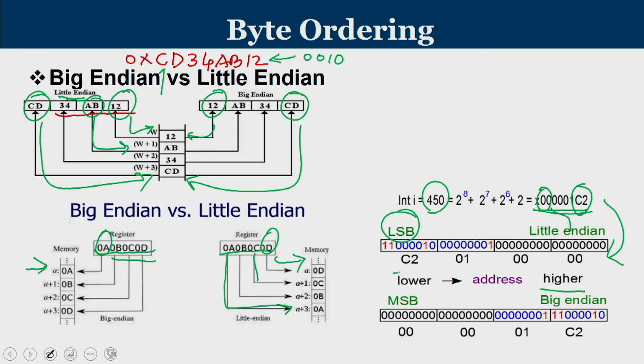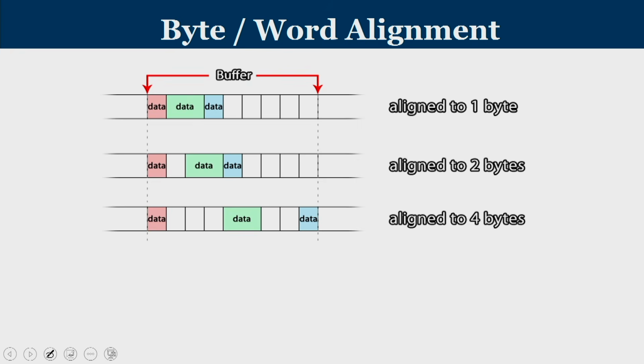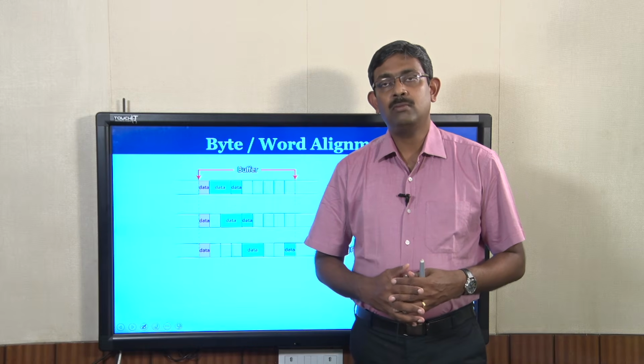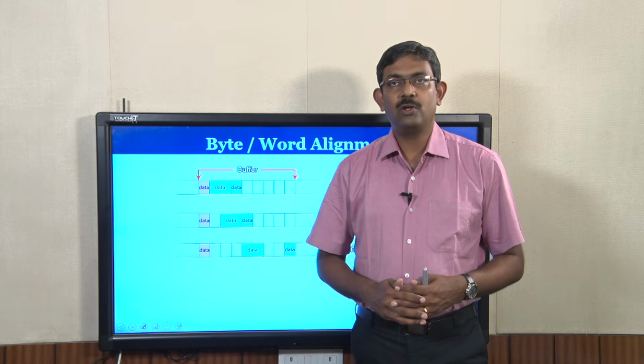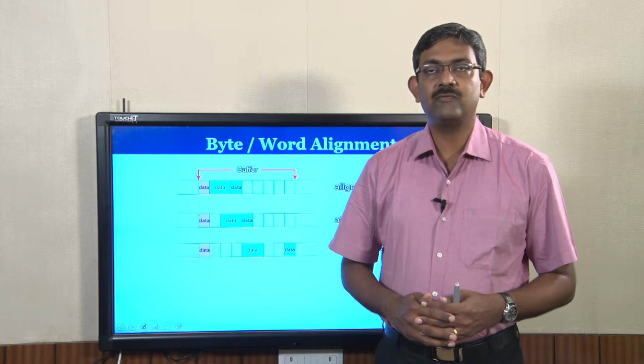So, towards the left side we have the lower address, and towards the right side the higher address. In little endian, the LSB, least significant byte, is stored in the lower address, and it is just vice versa in the case of big endian.